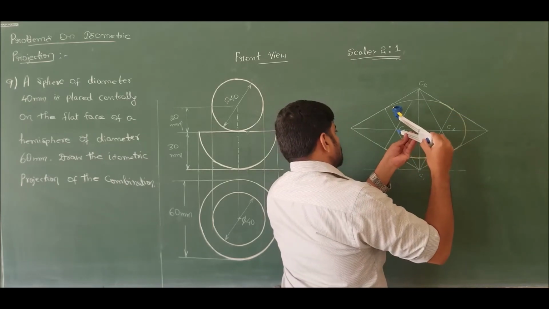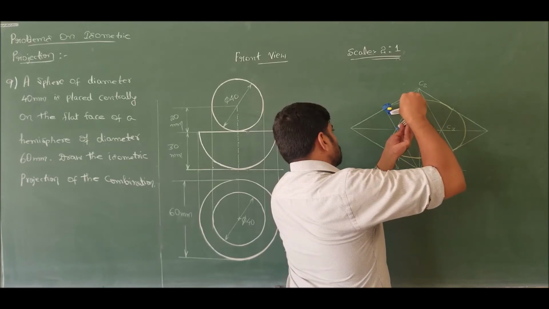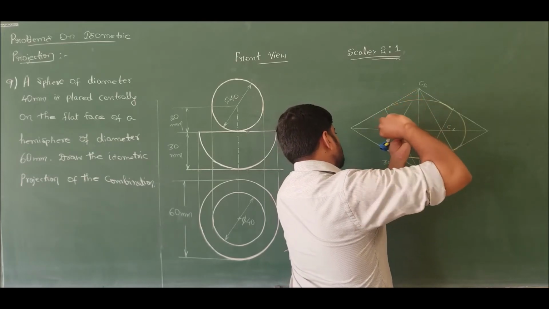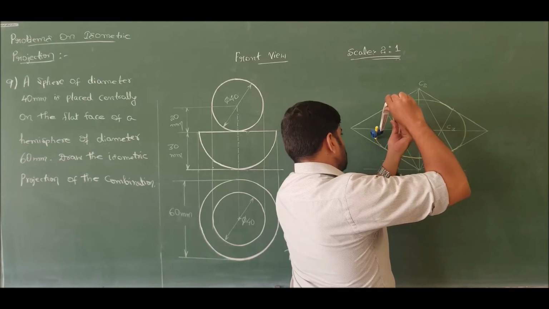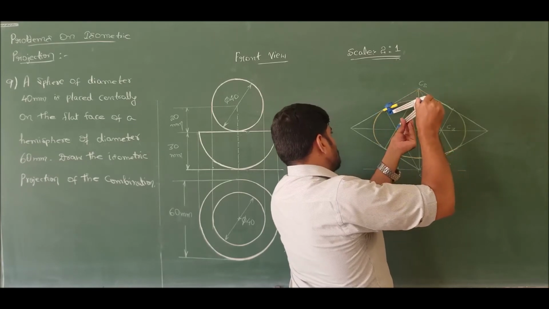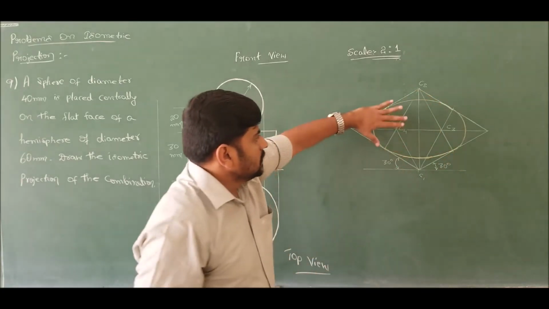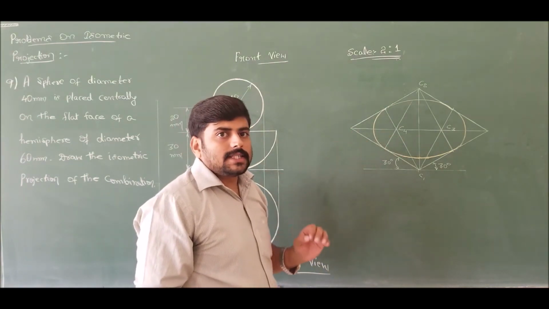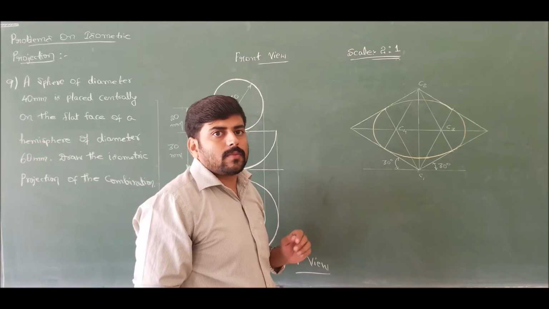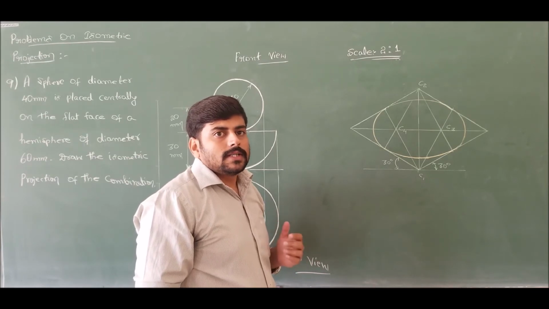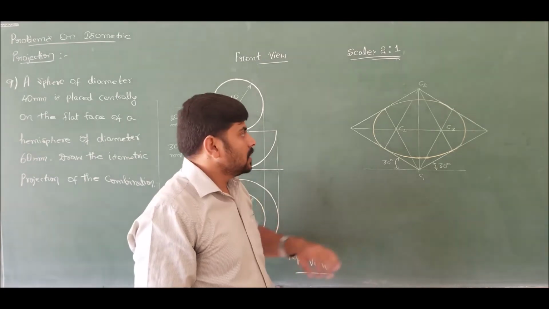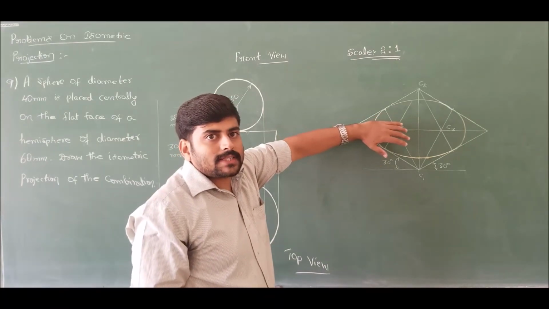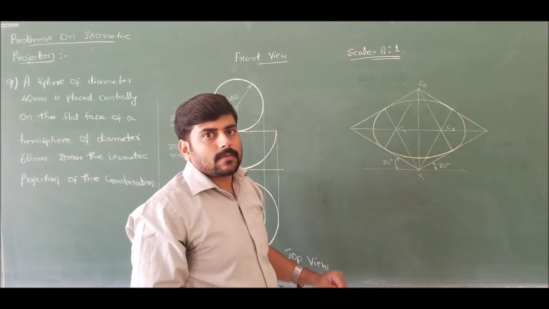Similarly, keeping at center C4, close these two arcs. This completes the circle of diameter 60 mm in isometric projection, which is drawn by using the 4 center method. So this represents the top face of the given hemisphere.